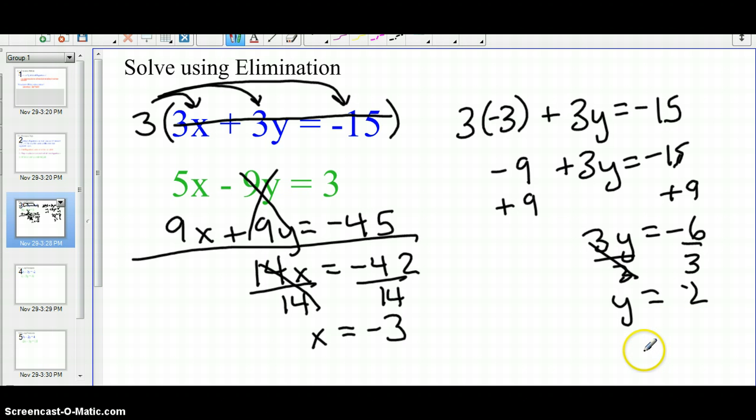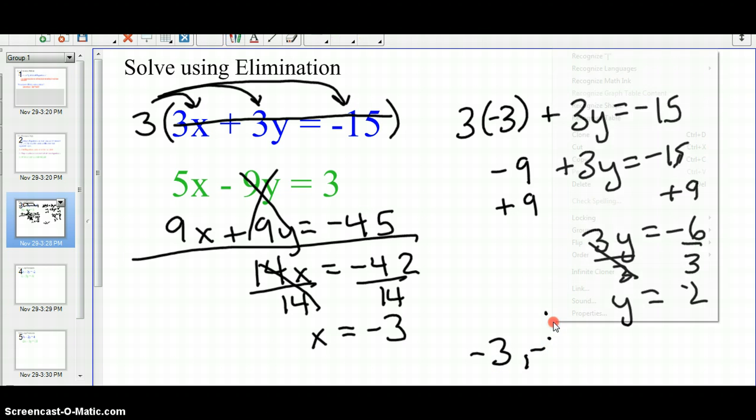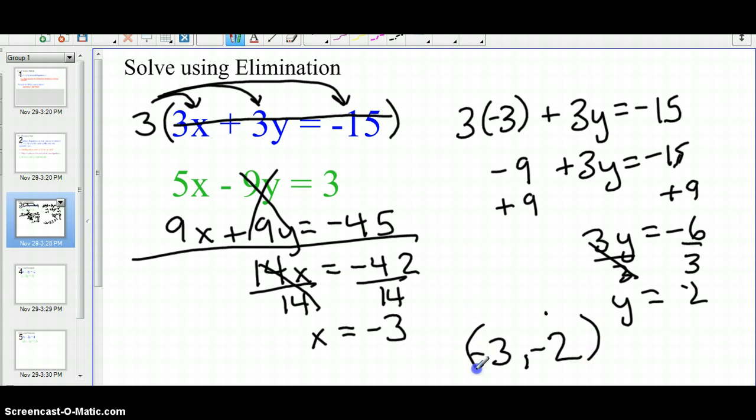Now I just need to write my answer as an ordered pair. Remember, x always comes first. So there's my ordered pair, negative 3, negative 2.